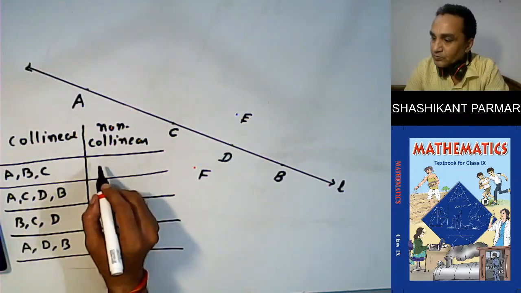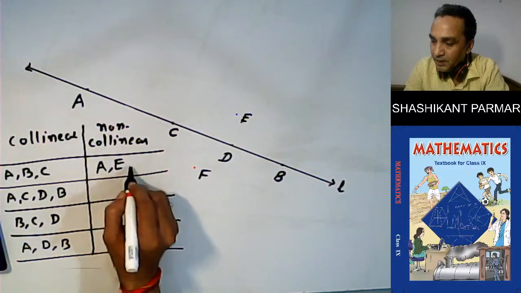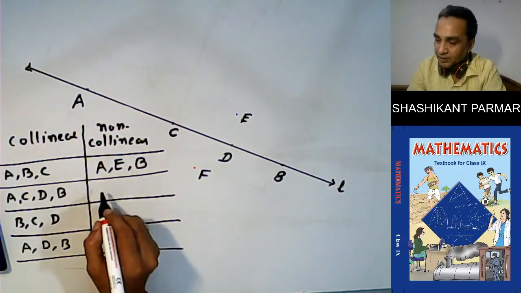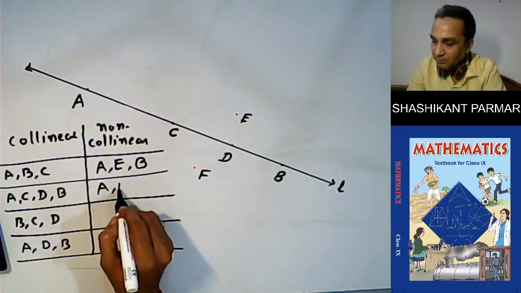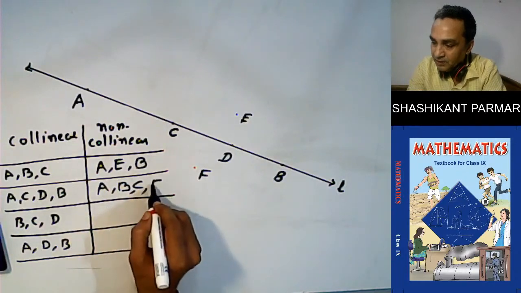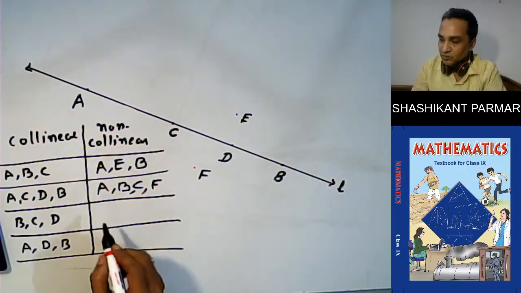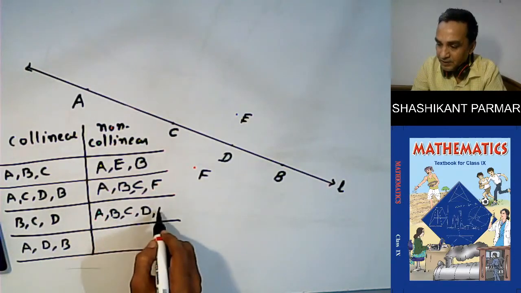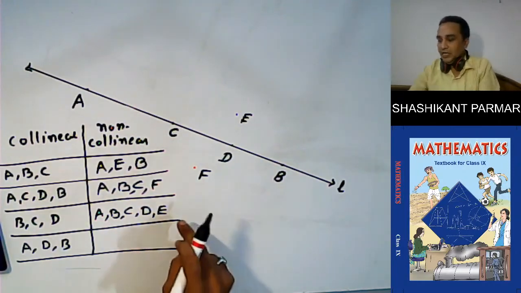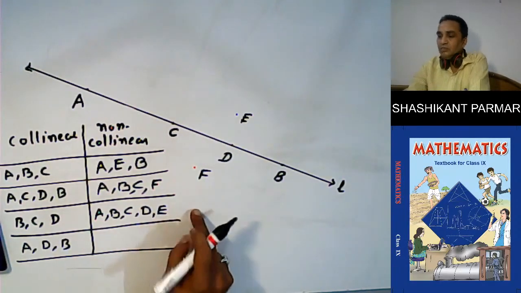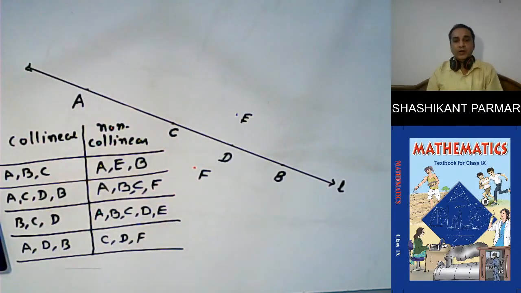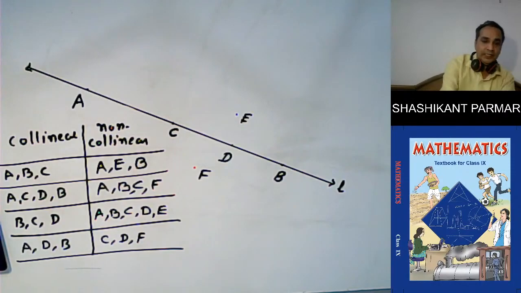See here, A, E, B non-collinear. A, B, C, F non-collinear. A, B, C, D, E, because E does not lie on the line. So C, D, F and so on. I think you understand now what we call collinear points or non-collinear.